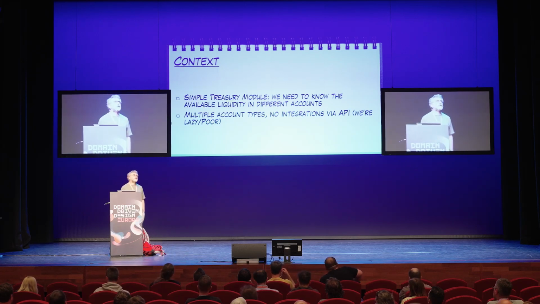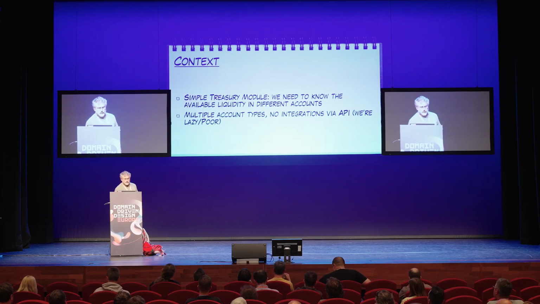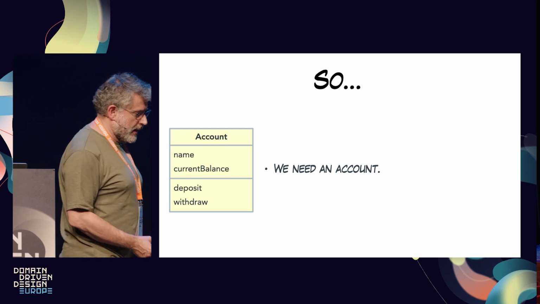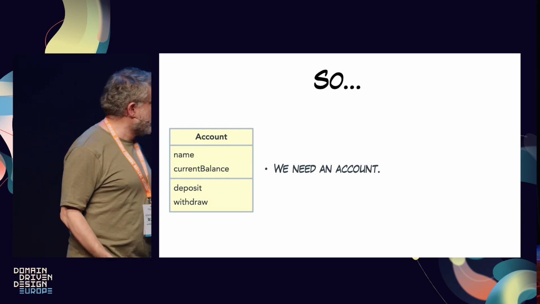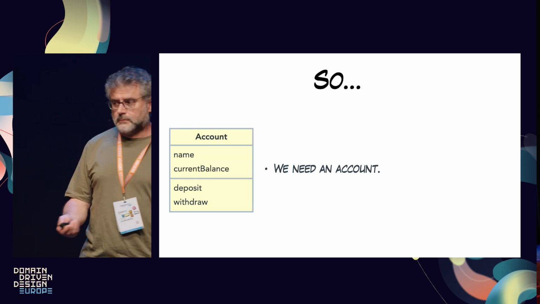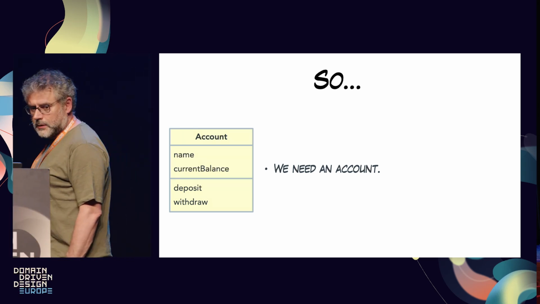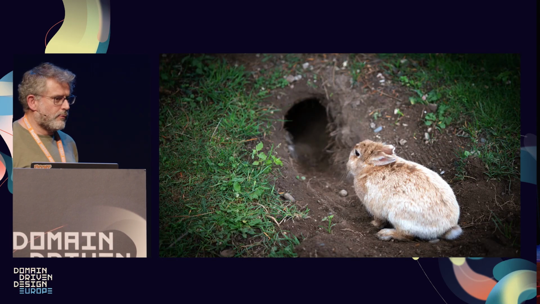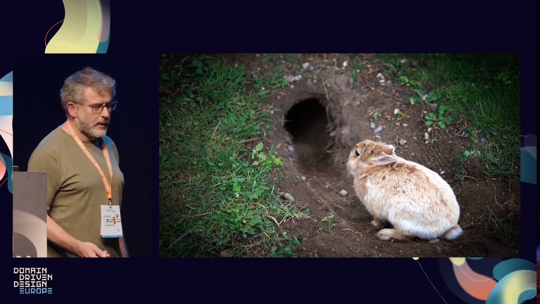Usual stuff. What happened was interesting: it was really clear that we need an account. And then the moment we said we need something called an account, it came with the two methods, withdraw and deposit. And that was clearly the beginning of a rabbit hole that was leading us nowhere.